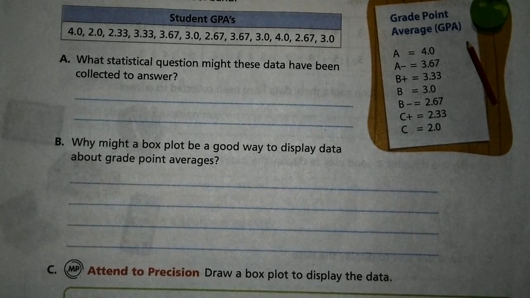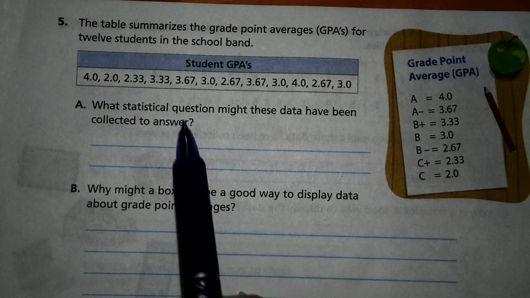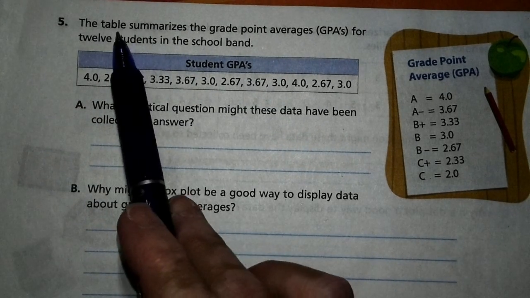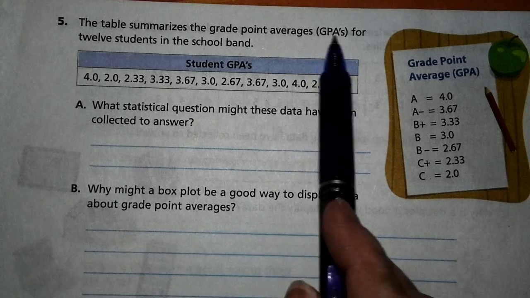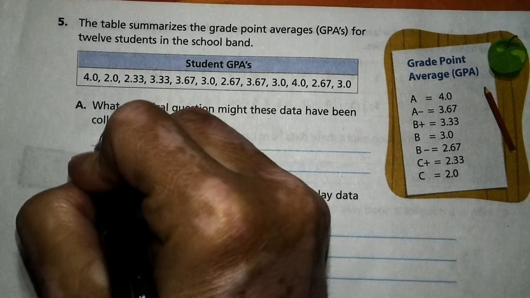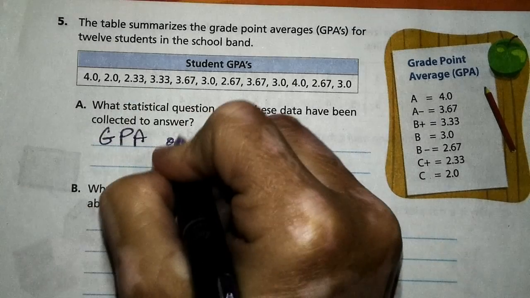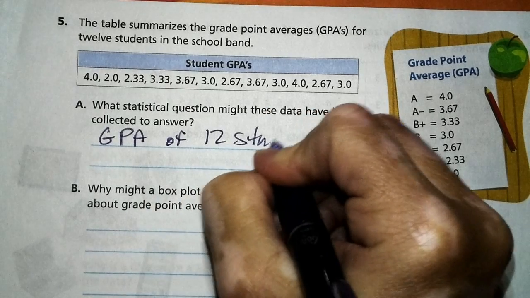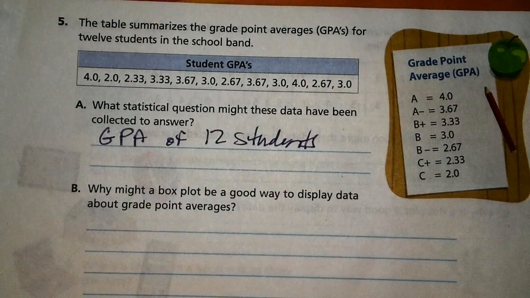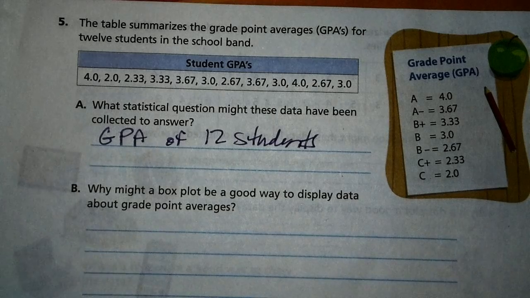All right, so what statistical question might these data have been collected to answer? It looks like the table summarizes the grade point averages for 12 students. So we're going to say GPA of 12 students. Why might the box plot be a good way to display data about grade point averages?